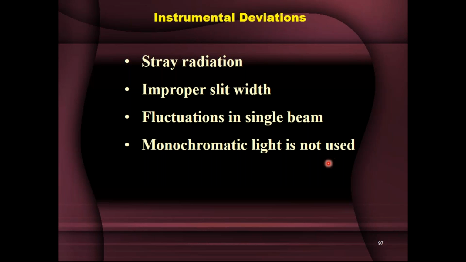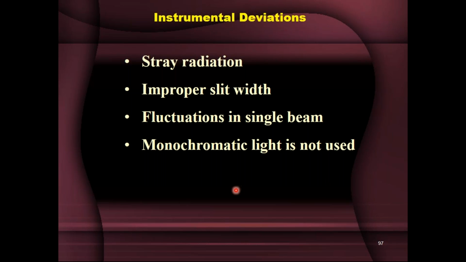So we say monochromatic light has been used in such cases, but this is not a major problem, because even if you don't have perfectly monochromatic light, if your sample is not going to show any drastic changes in absorbance because of the use of a few wavelengths, then there is no problem.